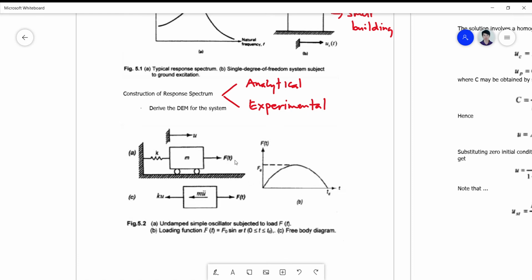And of course, considering the forcing function F of t, which will actually dictate how your system will respond, we have to take note of the actual loading function. So in here, a loading function equivalent to a half cycle sine wave was used, in a duration of TD. Okay, so D there means duration.